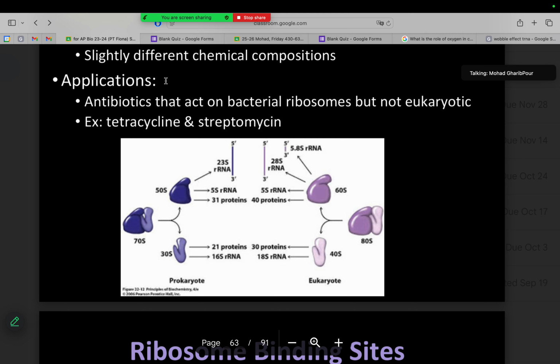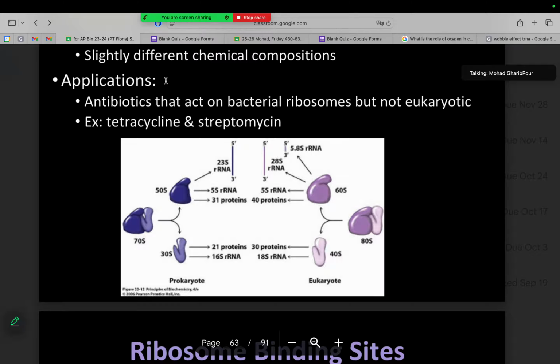So an example is if you're targeting a specific amino acid sequence or codon, codons are universal. So if you're attacking a specific codon, you are attacking both organisms.